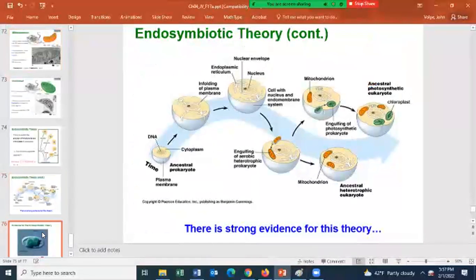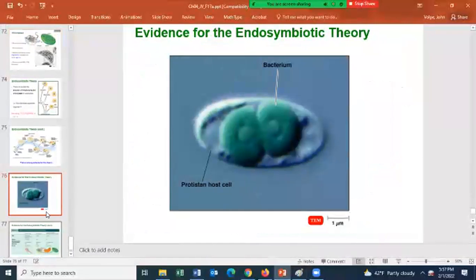There's some other evidence too, and that is there is one eukaryote that does not have mitochondria. What that eukaryotic cell does, I think it's an amoeba, is it engulfs a smaller prokaryotic cell like a bacterium, and then uses that bacterium to make ATP for the cell.